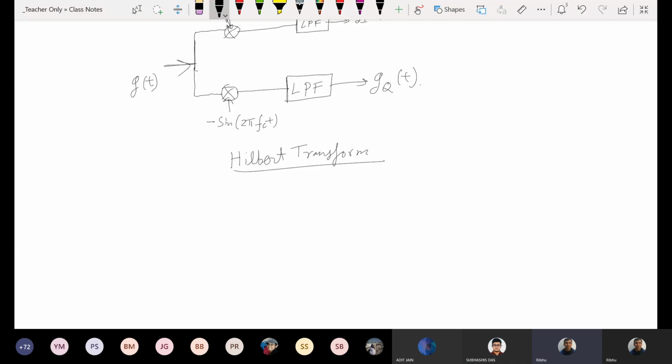The good thing about the Hilbert transform is that unlike the Fourier transform, the Laplace transform or the Z transform, you have done the Z transform actually, which reminds me.